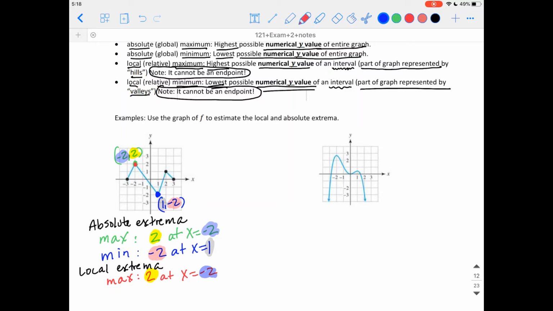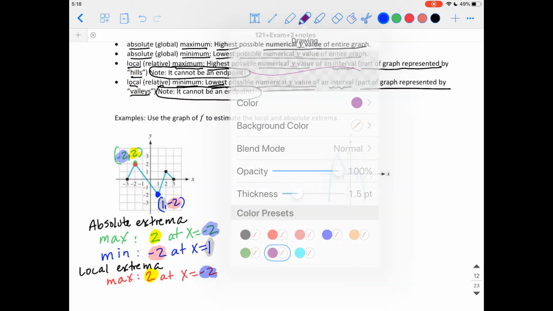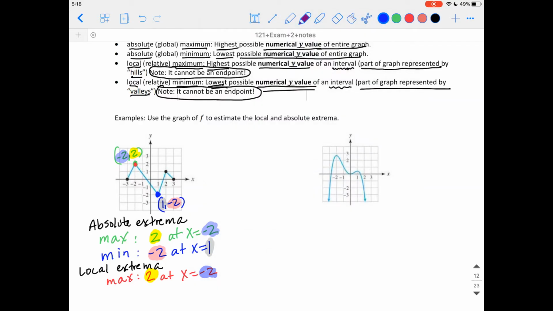But we also have another local max, aka another hill. So I am going to write that one in purple. So here on this one, I have another local max, and I have it right here. And this is gonna be (2, 1).